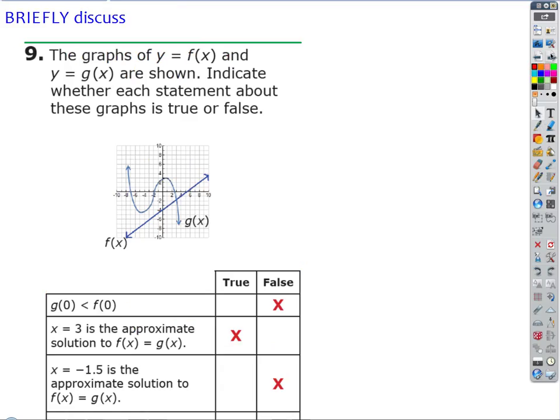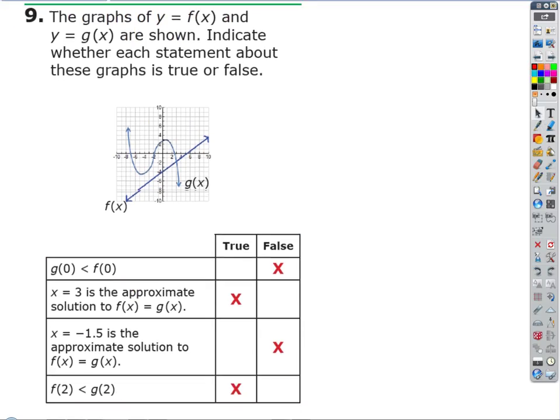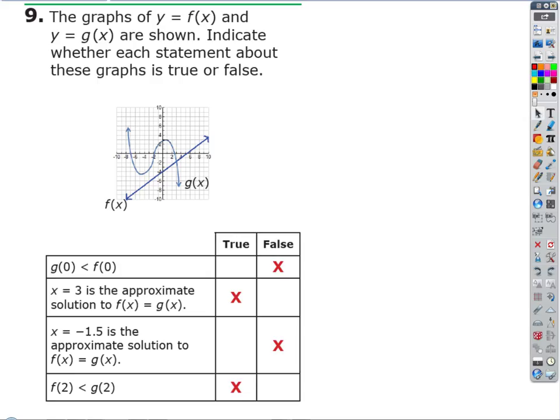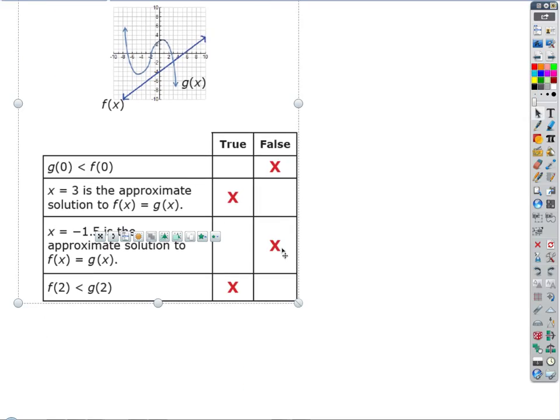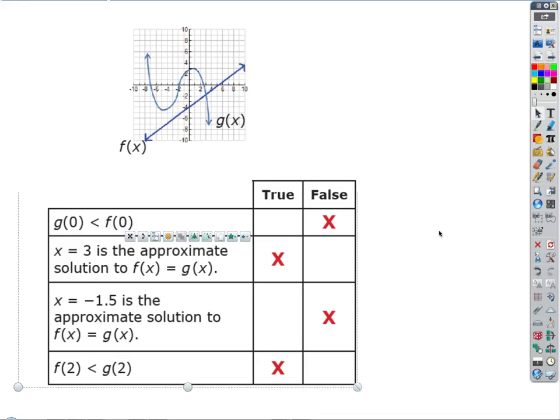Okay, how about this? The graphs of y equals f of x and y equals g of x are shown. Indicate whether each statement is true or false. All right, we can do that. So what it's asking is, it wants to know, is g of 0 less than f of 0? True or false? Okay, well, let's see.